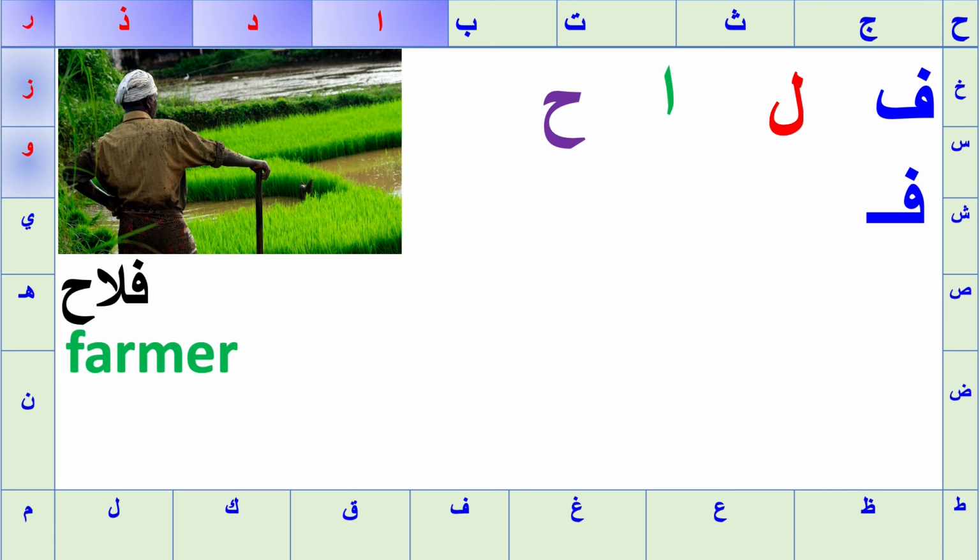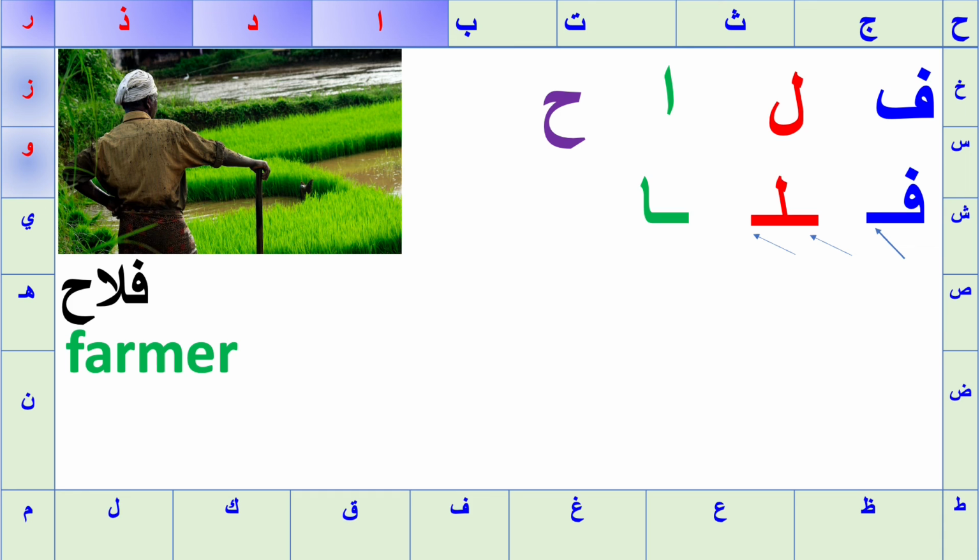The fa is extended to the left to join the lam. The lam can connect with both the fa and the alif, so it has the following shape, extended to the right and to the left, as you can see here. Then the alif is the letter that belongs to the second group, which can only connect to a letter to the right hand side.